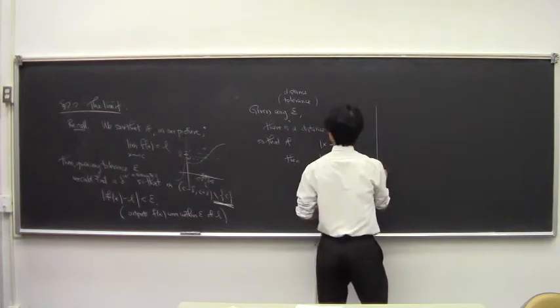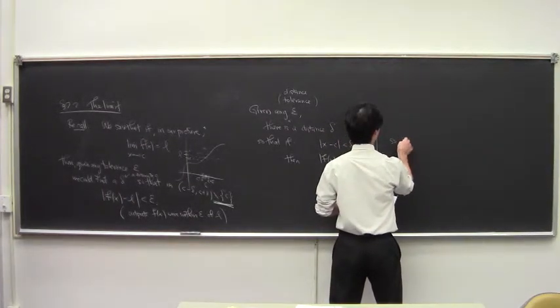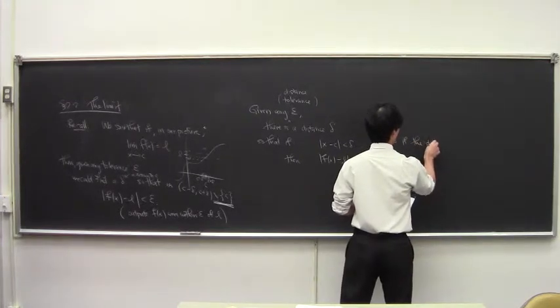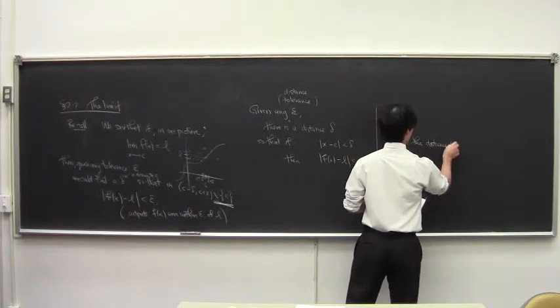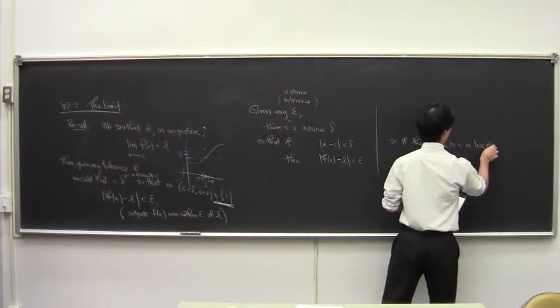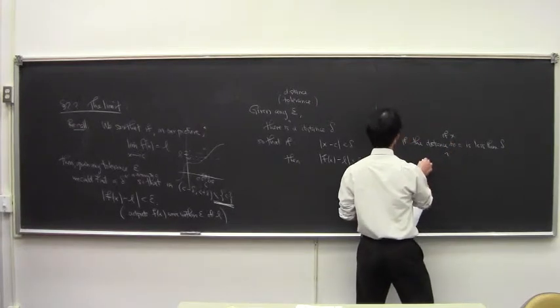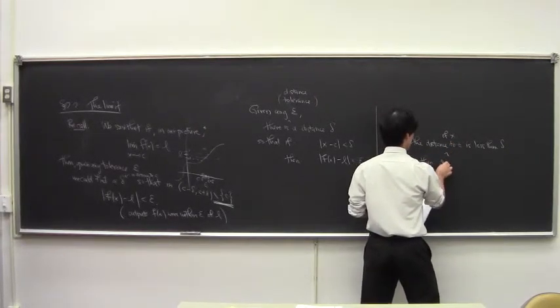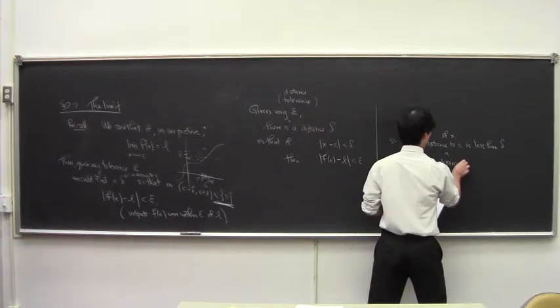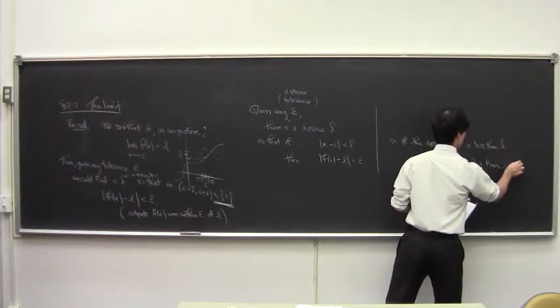So let's translate this into language. So that if the distance of x to c is less than delta, then the distance of f of x from L is less than epsilon.